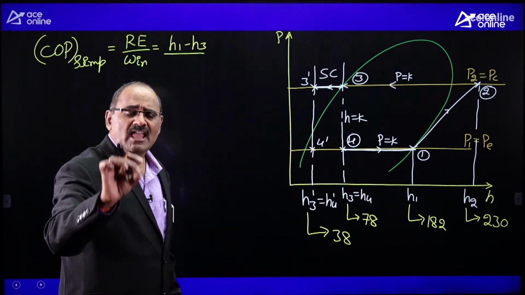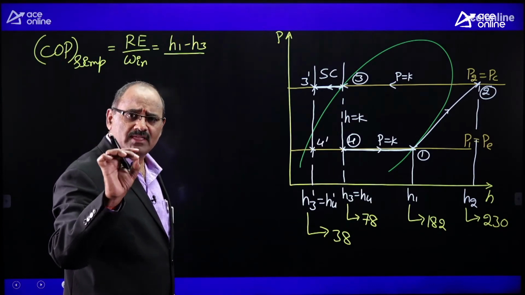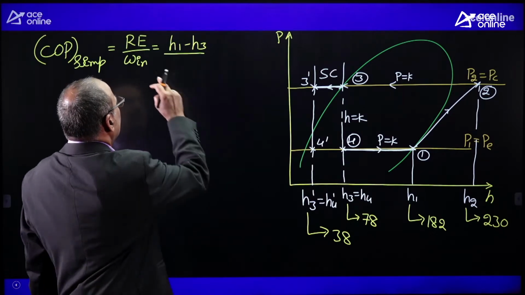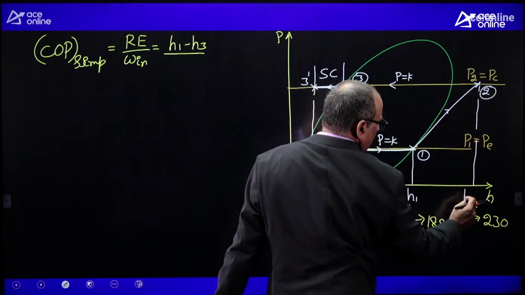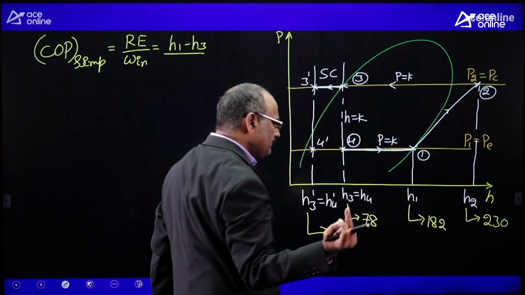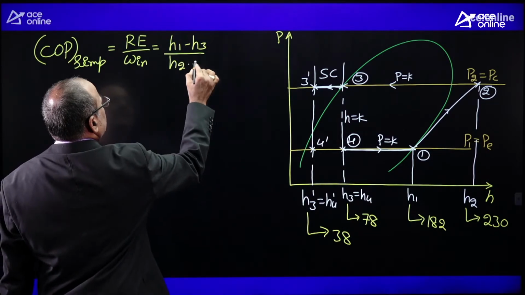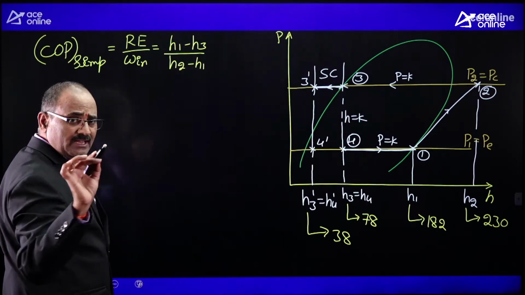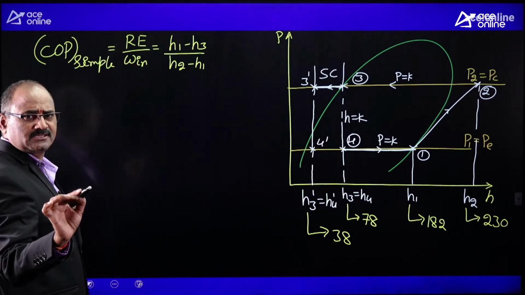The reversible adiabatic steady flow work is always equal to the change in enthalpy of the working material. Therefore, work input to the compressor equals enthalpy after compression minus enthalpy before compression, that is H2 minus H1. That is the COP of the simple vapor compression refrigeration system.